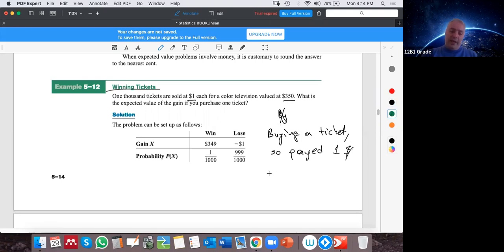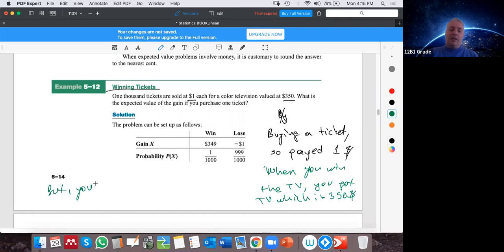If you win the TV, you got the TV, which is $350, but your actual winning is 350 minus 1, which is $349. Why? Since you already paid to buy a ticket.